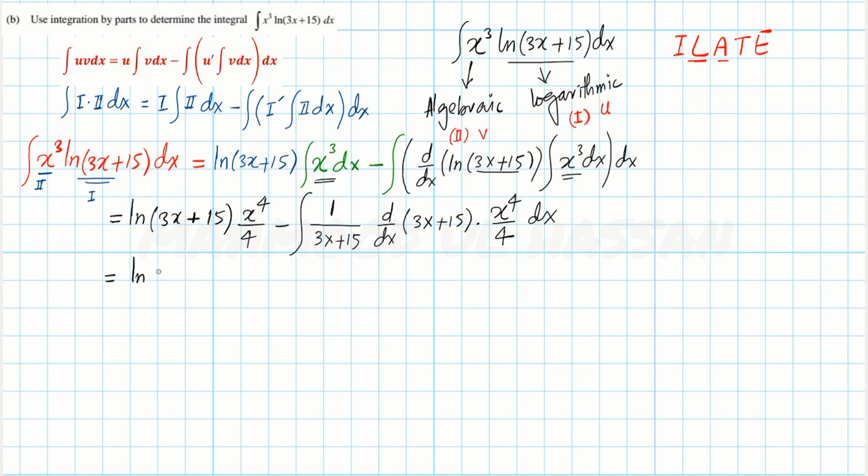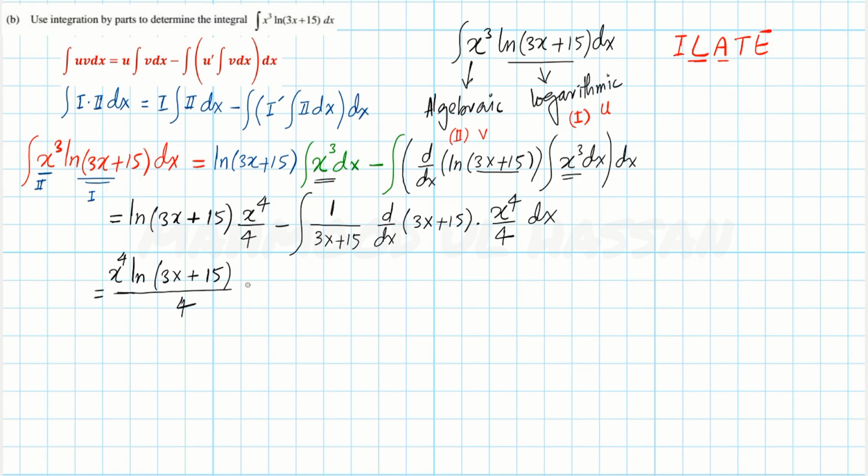Now simplify more. So that is the natural log of 3x plus 15, and here we have divided by 4, and the same here, x to the power 4.